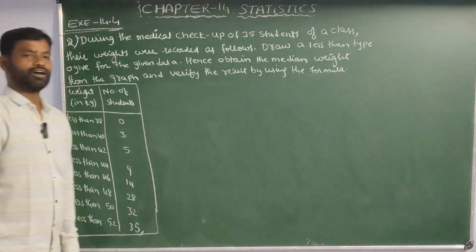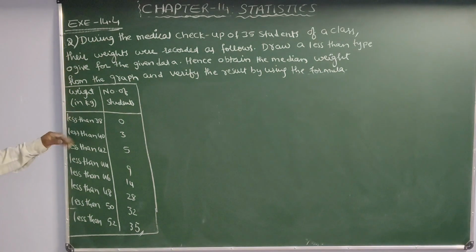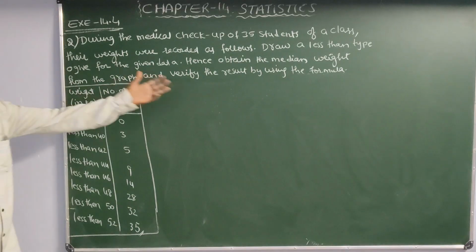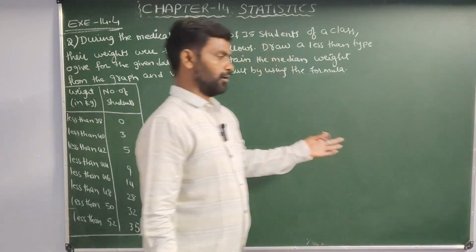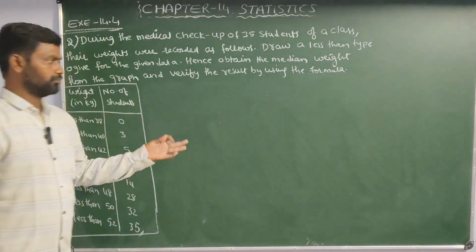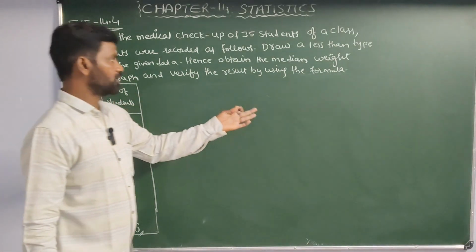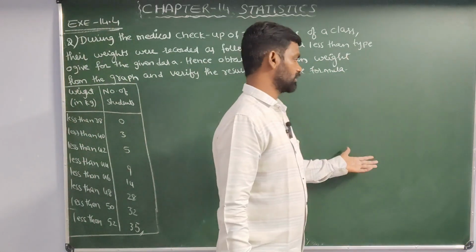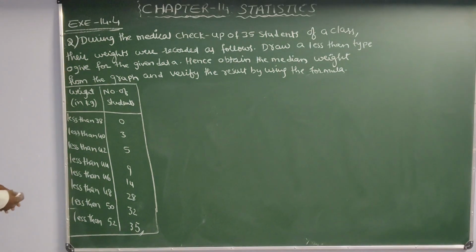Okay, students. Now we have to find the median by the usual method. Just now we found the median from the graph, where we represented all this as a less than ogive, and from that graph we found the median. Now we are going to find the median by the usual method.